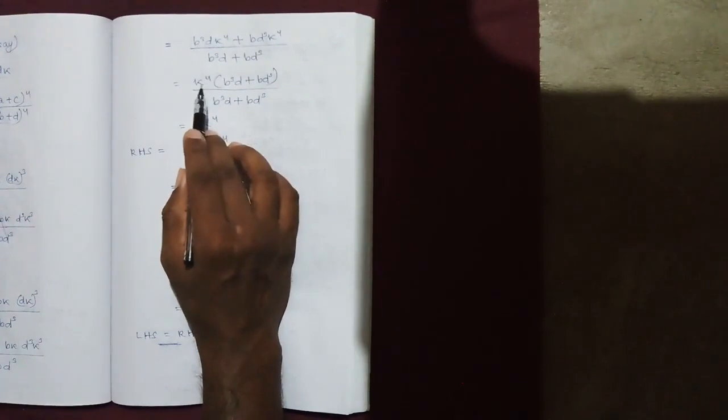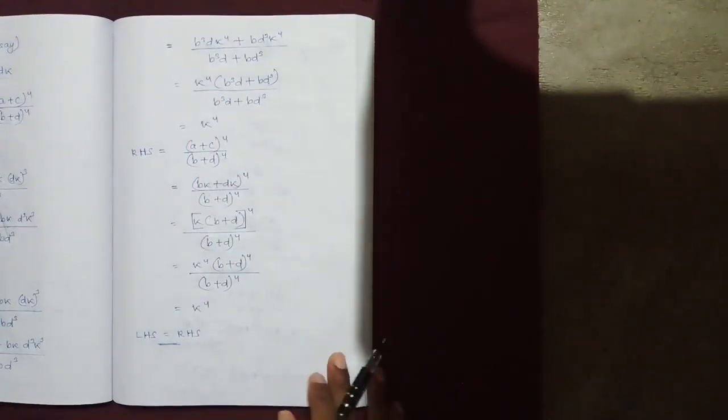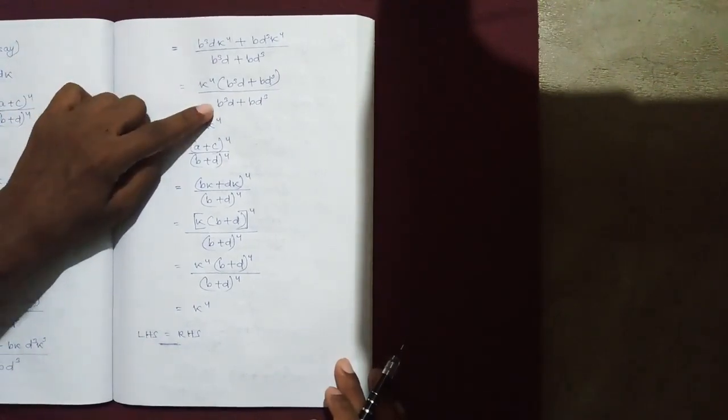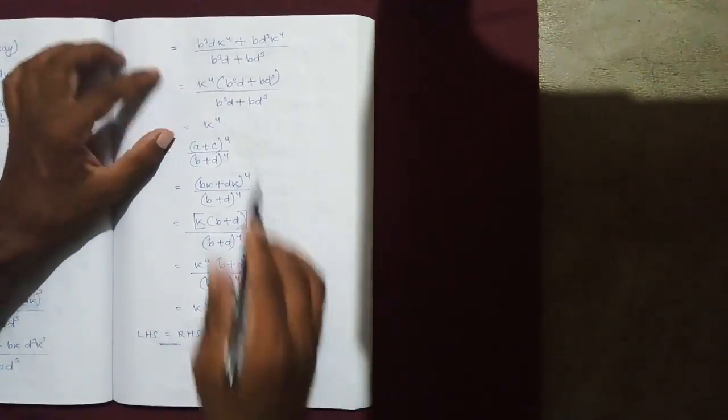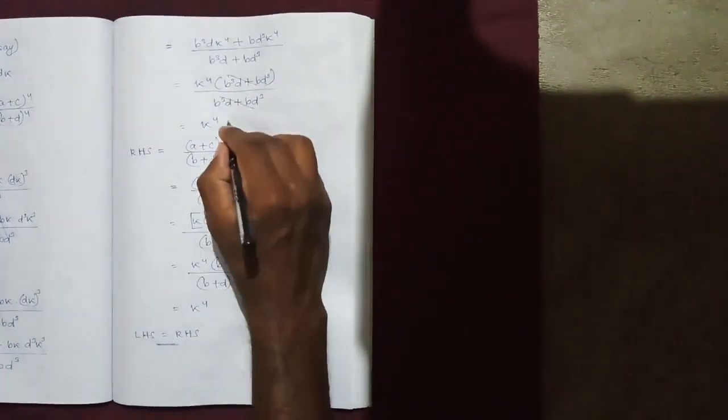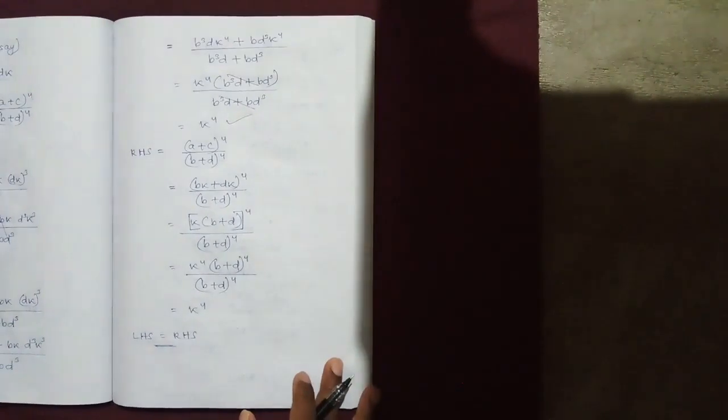From the numerator we can take k power 4 common, remaining will be b cube d plus bd cube by b cube d plus bd cube. These two cancel. Okay, on cancelling we get k power 4. So LHS is equal to k power 4.